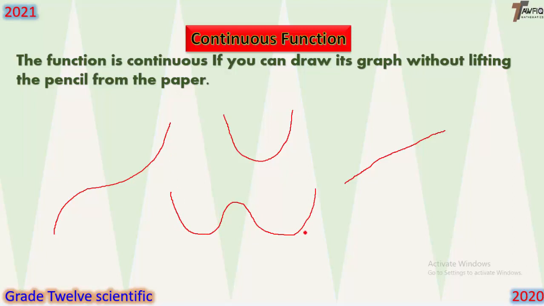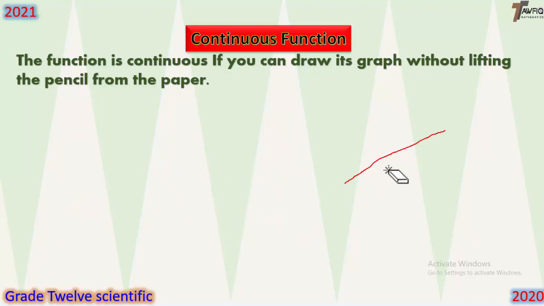That means if you did not lift your hand from the paper, this function is continuous. But if you lifted your hand anywhere in this function, it will not be continuous at that point, like this. As you can see, we lifted our hand and started again.